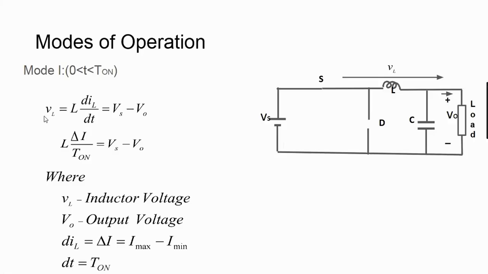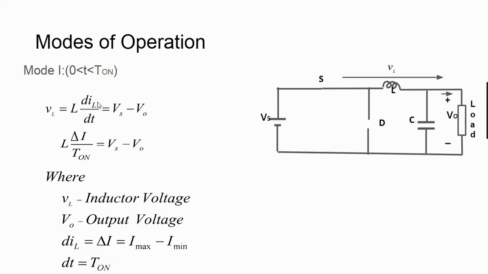During mode 1, we can write the inductor voltage as L into dIL by dt, which equals Vs minus V0, because the inductor is connected here. This side the voltage is Vs and this side the voltage is V0. Therefore, VL equals L dIL by dt equals Vs minus V0.